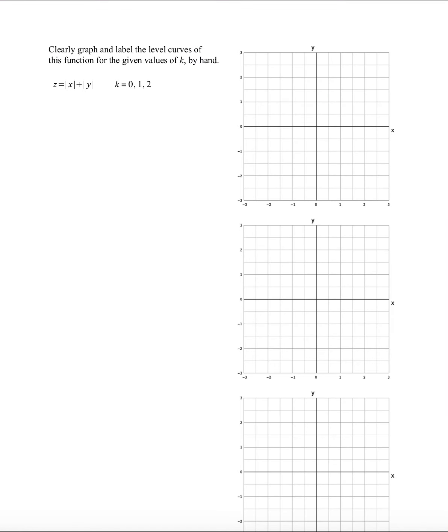Okay, so we want to create that same kind of map. And in order to do this, we have to substitute in the values of k. So let z equals 0. Then you'll take your original function, plug in a 0, and then try to solve it.